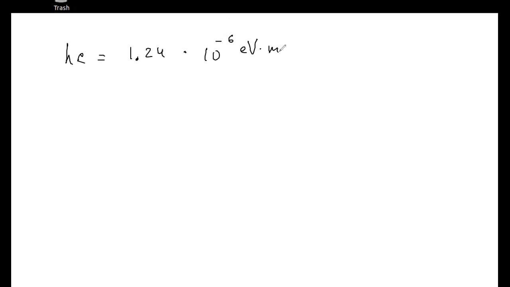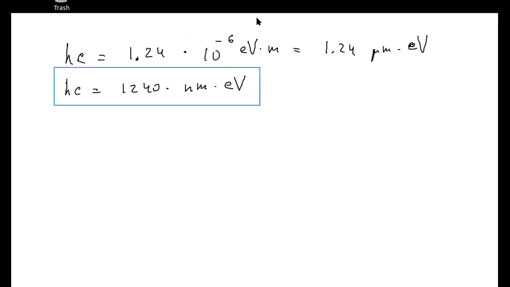So then this can be written as 1.24 micrometers multiplied by electron volt, or we can write it as 1240 nanometers multiplied by electron volt. And honestly, this is how I remember this constant from my student years.